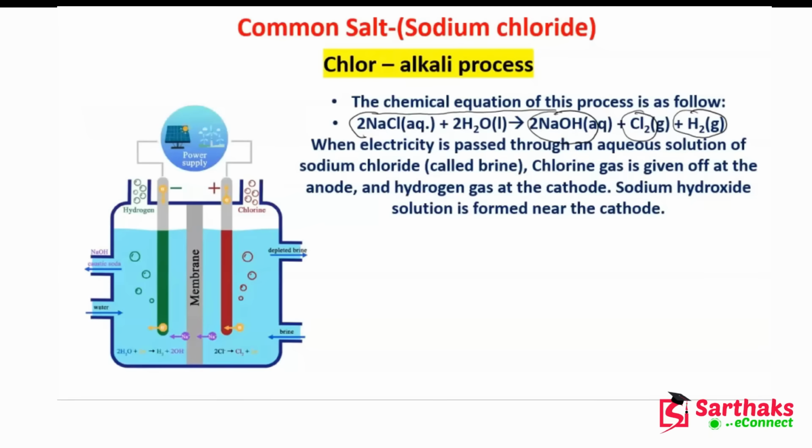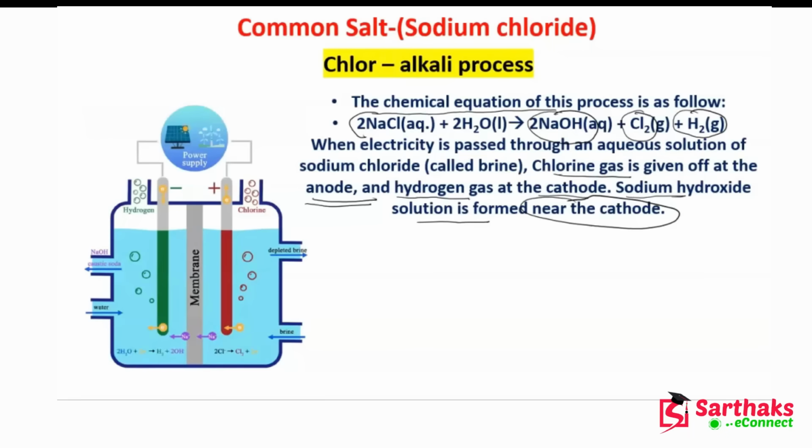When electricity is passed through an aqueous solution of sodium chloride, chlorine gas is given off at the anode. This is very important: chlorine gas will be released at the anode and hydrogen gas will be released at the cathode. Sodium hydroxide solution will be formed near the cathode.